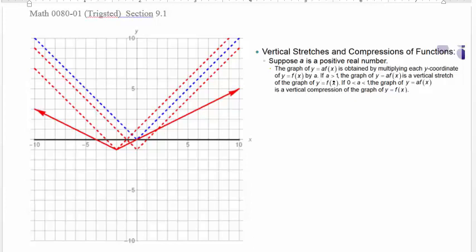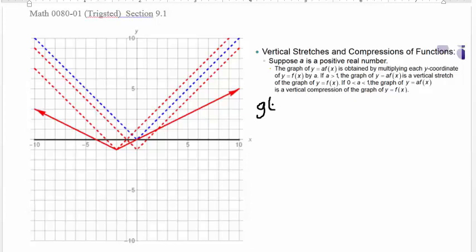So if a is bigger than 1, the graph of y equal a times f of x is a vertical stretch of the graph of y equal f of x. If a is between 0 and 1, the graph of y equal a times f of x is a vertical compression.